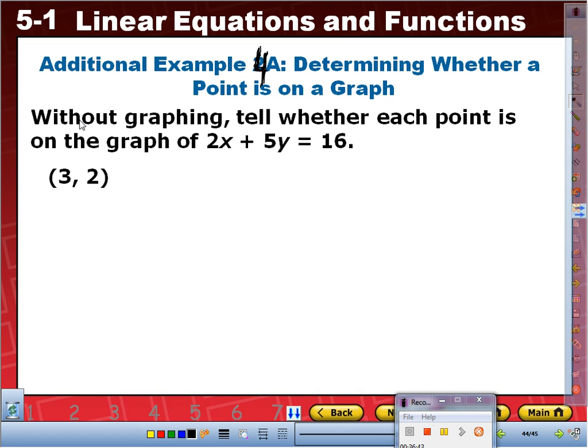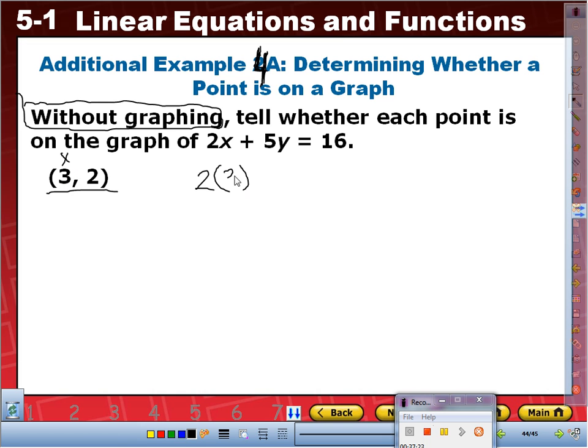And they're saying, without graphing, I want you to tell whether this point is on this line if we were to graph this. So we know the process to graph this. Solve for y, write an input-output table, plot your points, graph your function, and check a point. And this will be the point to check. However, let me show you how to do it without graphing. Pens down, please. I rewrite this, but instead of the variables, I substitute the value that they give us. What is x here? 3.